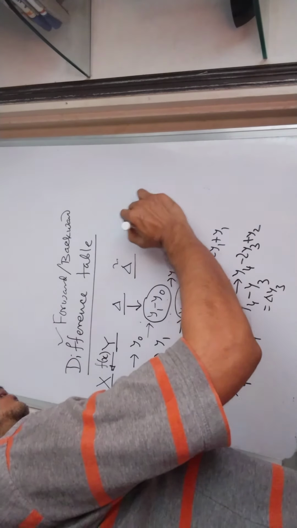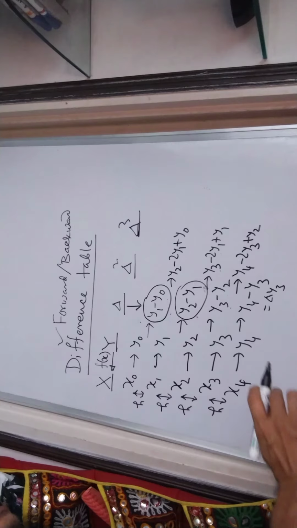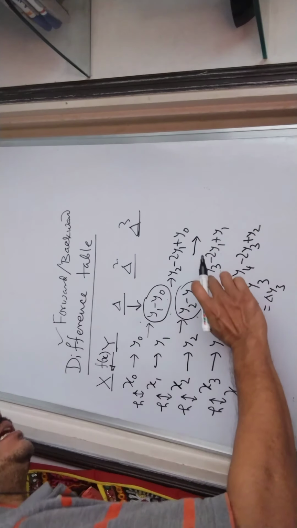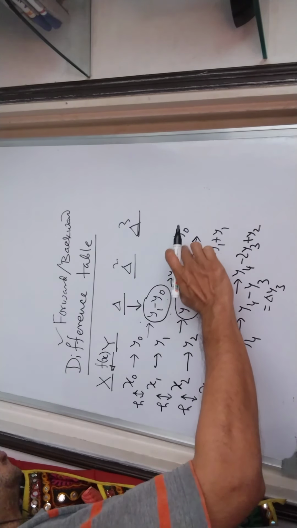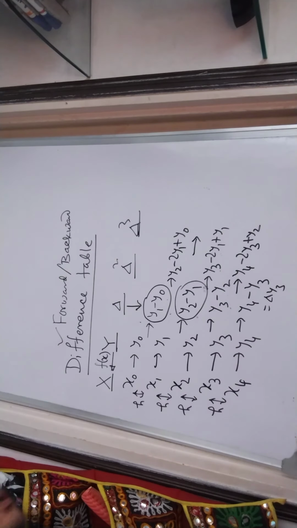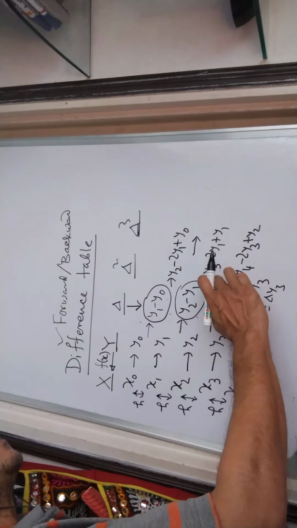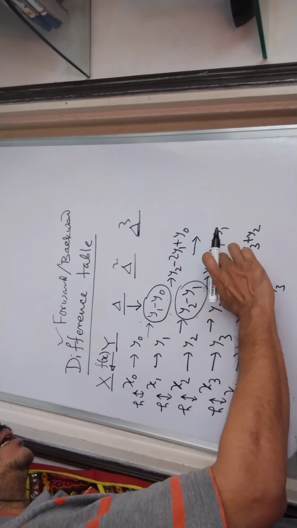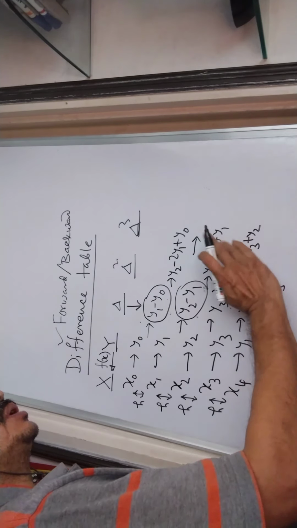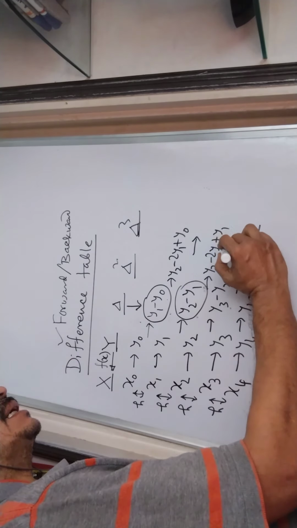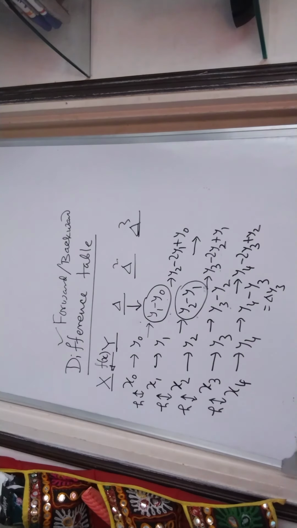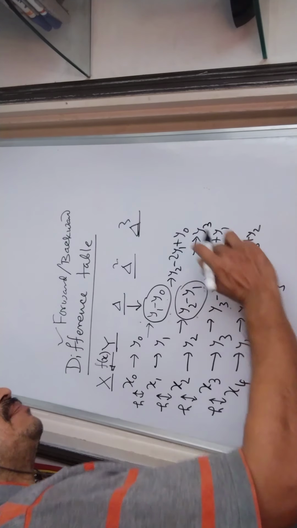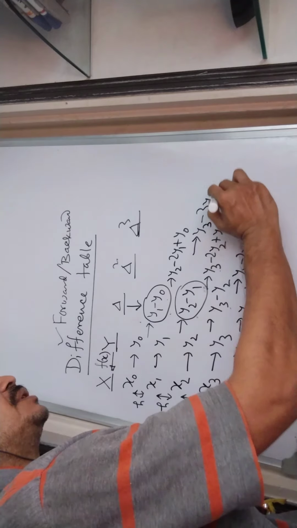Then we have the third difference, which obviously is considered as the difference of the second difference, that means this minus this. If you subtract y2 minus 2y1 plus y0 from y3 minus 2y2 plus y1, I have erroneously written it as y1 earlier, it is 2y2. So we have y3 minus 3y2, isn't it so?